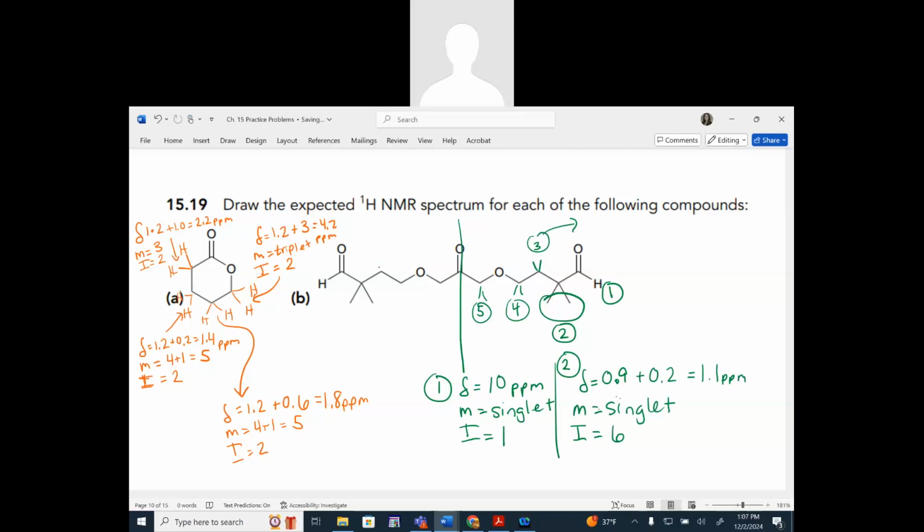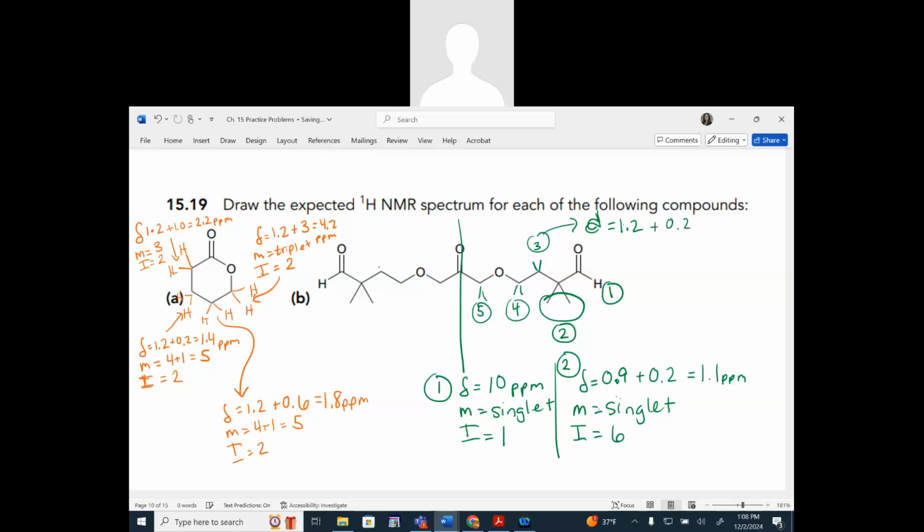So in group 3, we would have our shift. For our methylene protons, we start at 1.2. Then we add 0.5 and 0.2 because these are beta from that oxygen, and we are beta from the carbonyl.